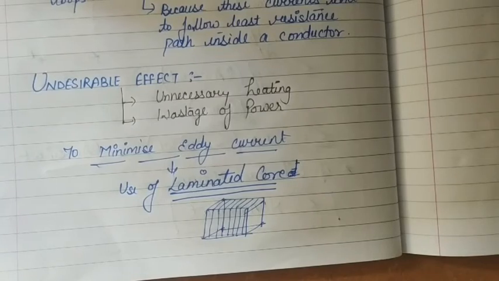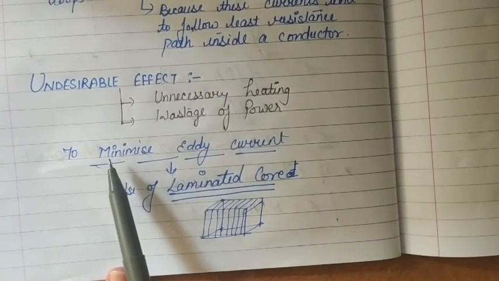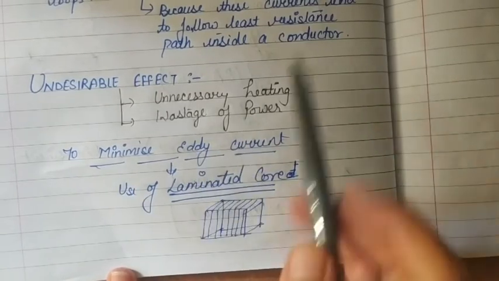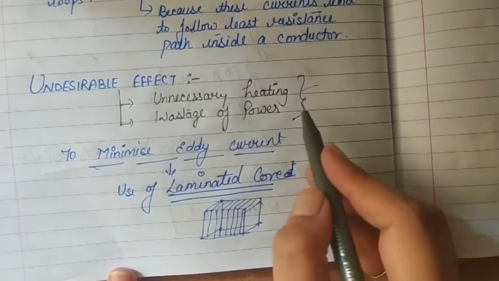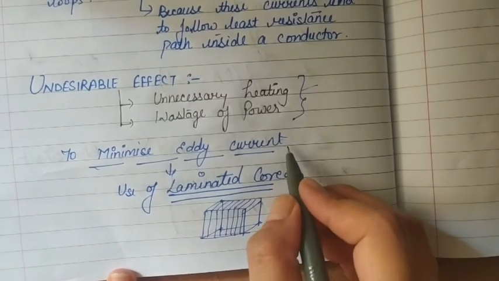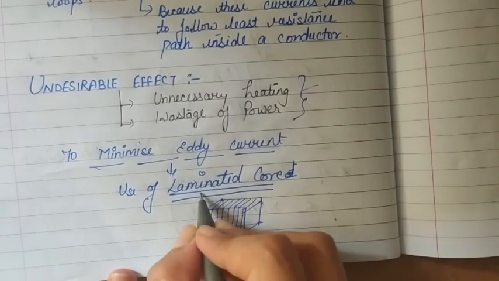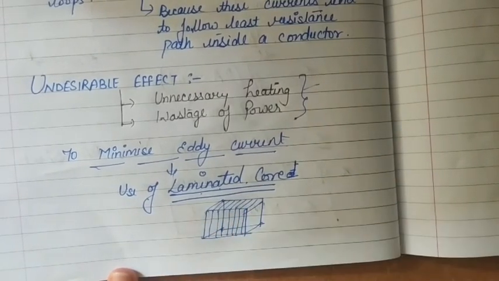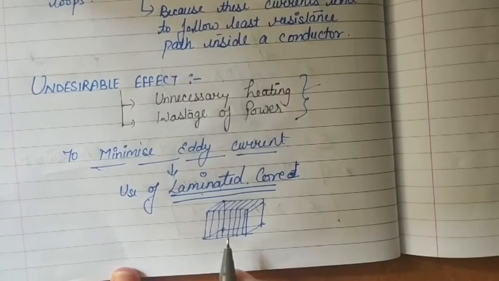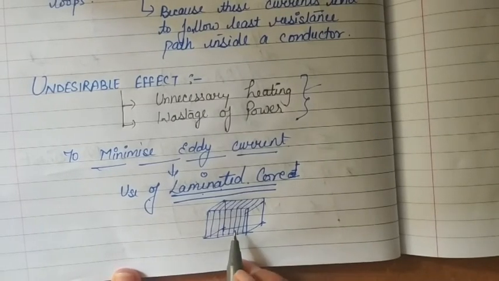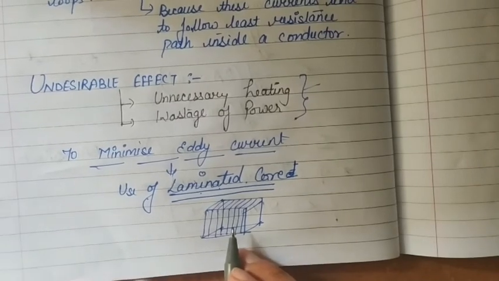The main reason to minimize eddy currents is to avoid these undesirable effects, to avoid heating and wastage of power, and this can be done by using a laminated core: thin sheets placed together and insulated from each other by a thin layer of varnish, which offer high resistance to the induced EMF.